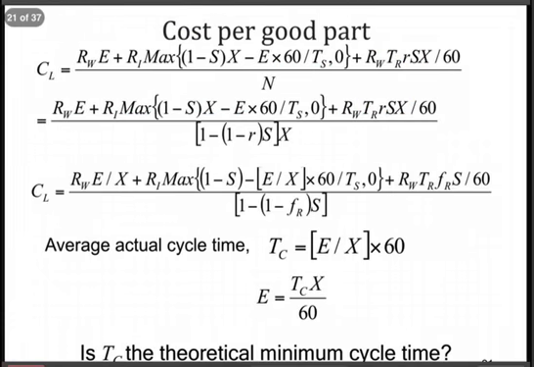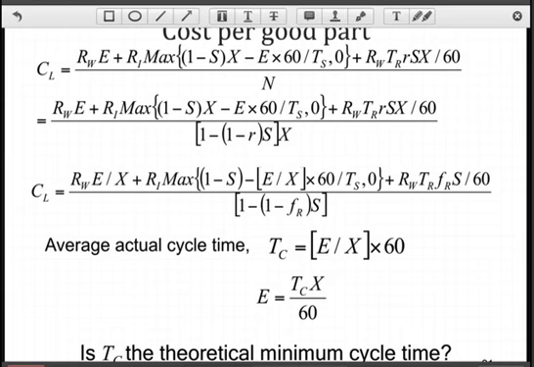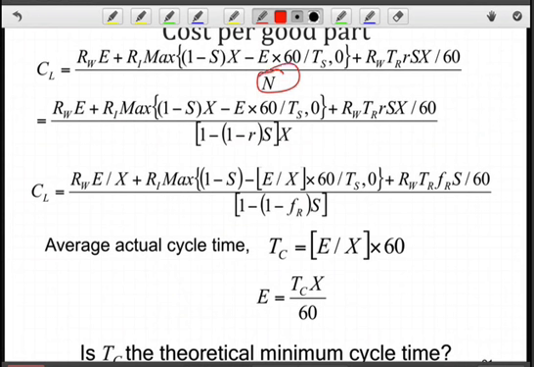In order to get the cost per good part, we have to go back to our factor, which, if you recall, we have n good parts that we are producing, and so we'll take that total cost from the expression we just came up with, and we'll divide through by that number of good parts. So this is the cost per part.